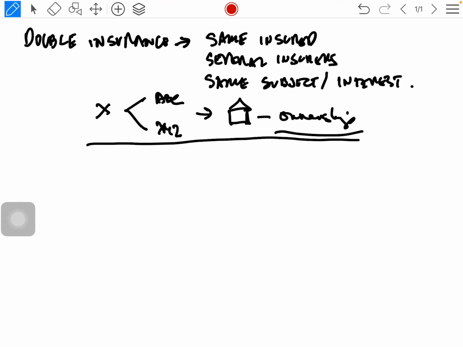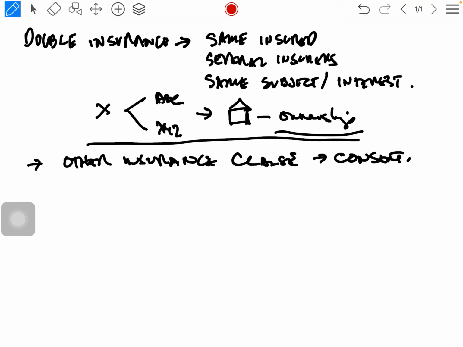Now, double insurance per se is not prohibited. However, we must take a look at the presence of another insurance clause. Another insurance clause requires the consent of one insurer before additional insurance can be procured.